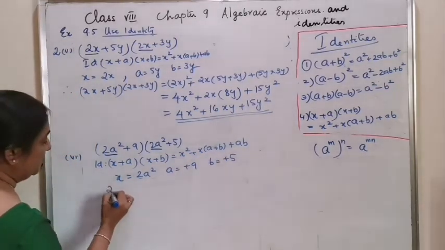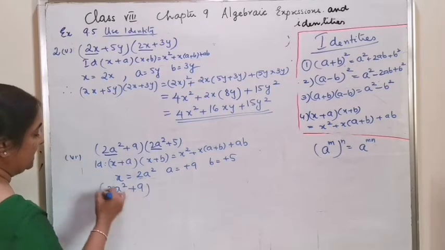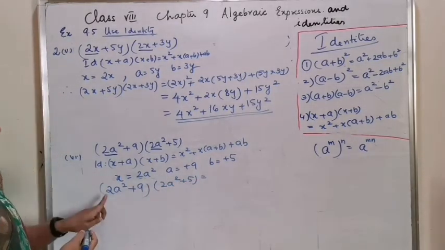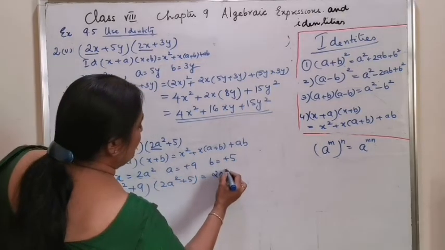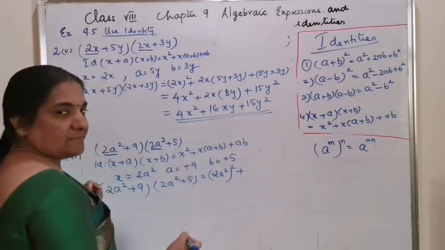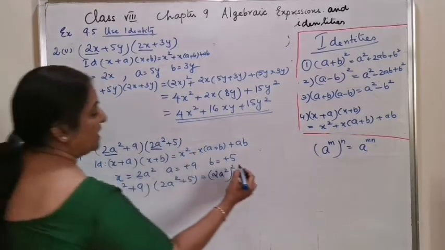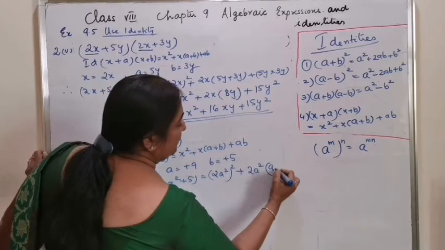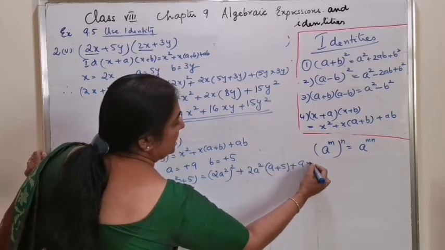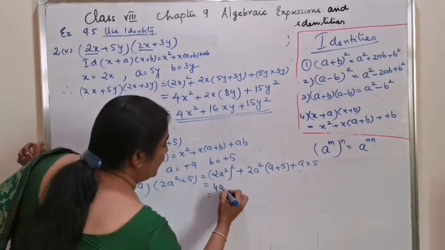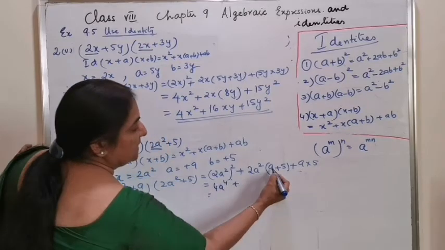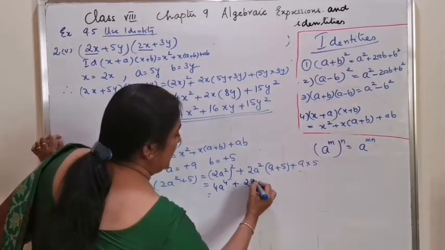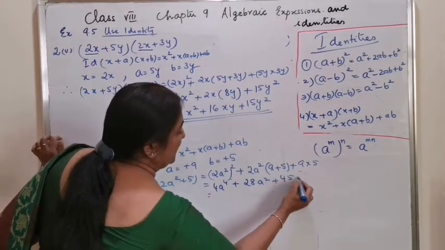How do you apply? 2a square plus 9 into 2a square plus 5 is equal to 2a square the whole square plus 2a square into (9 plus 5) plus 9 into 5. 4a to the power of 4 plus, 9 plus 5 is 14, 14 into 2, 28a square plus 45.